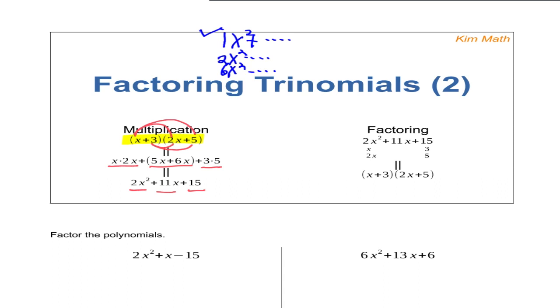Today, we will try to find the factored result from the polynomial. In this case, 2x squared plus 11x plus 15, right? Here, I copied 2x squared plus 11x plus 15.